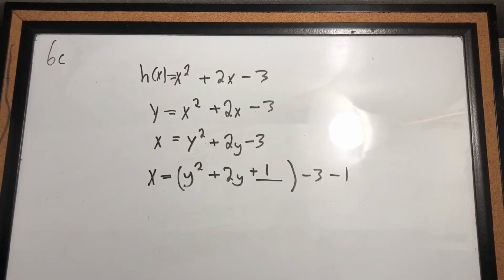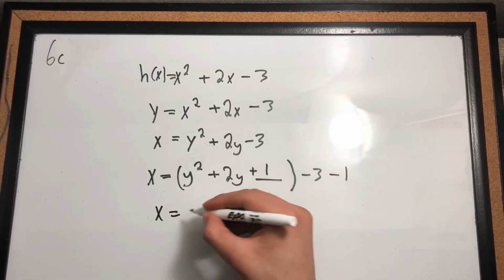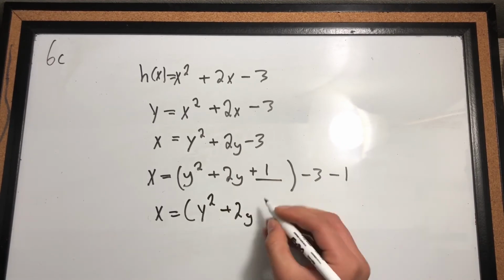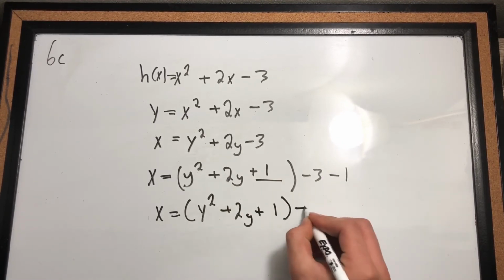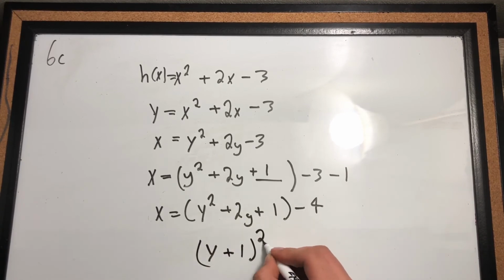So now that we have this, we can now simplify our equation. And after this, we can simplify it even more. So our new equation is going to be y plus 1 squared, or to the power of 2, minus 4 equals x.